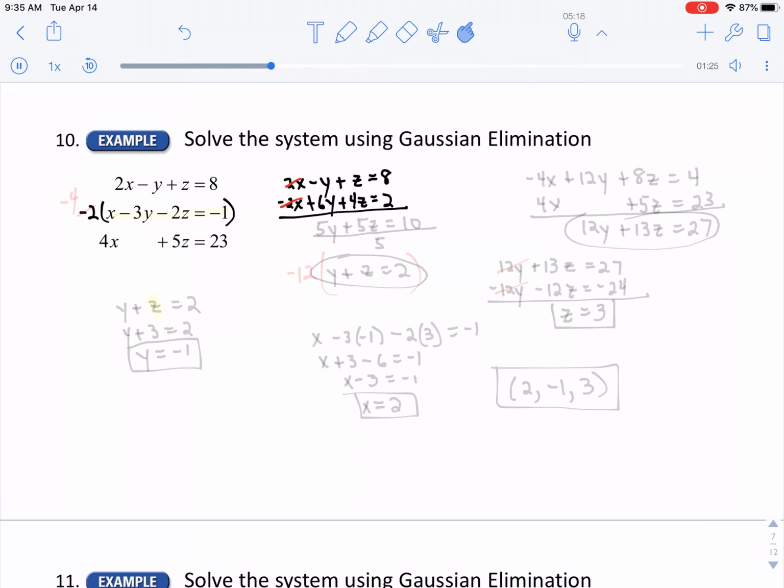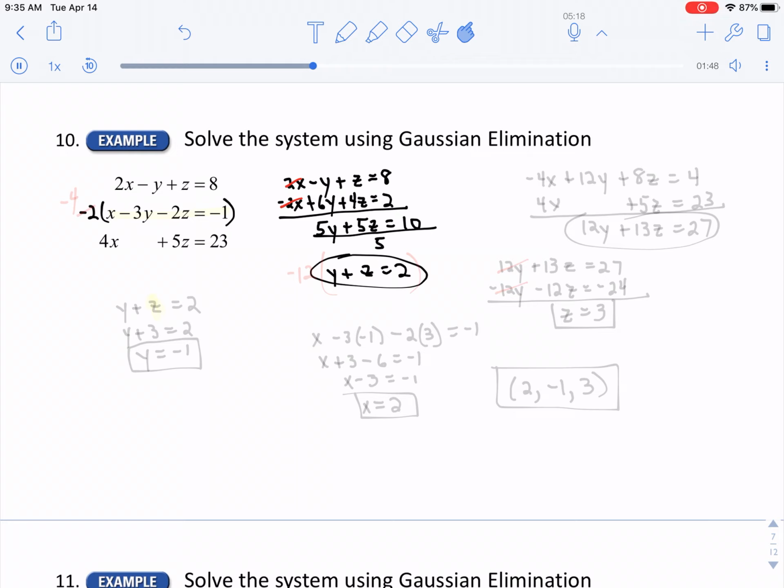Then I've got 5y plus 5z equals 10. How great, everything there is divisible by 5, so I'm going to divide both sides by 5 and simplify. So I get y plus z equals 2, and I circle it so I can come back to it later.